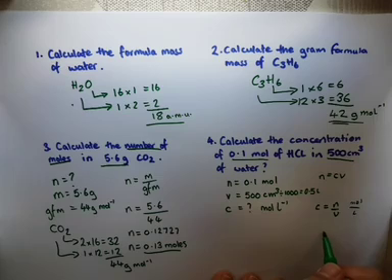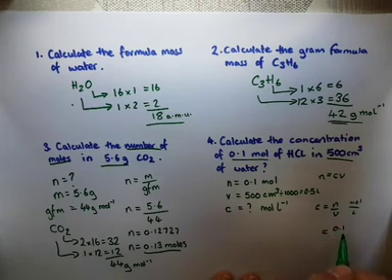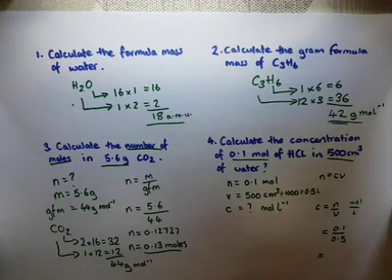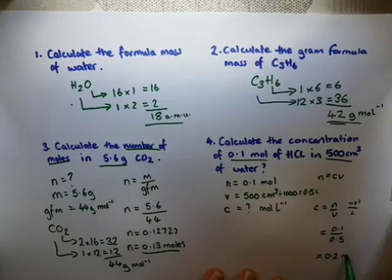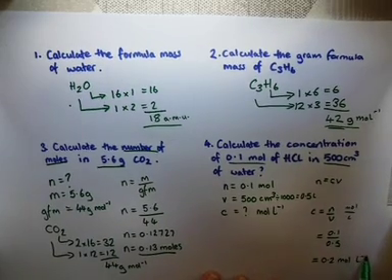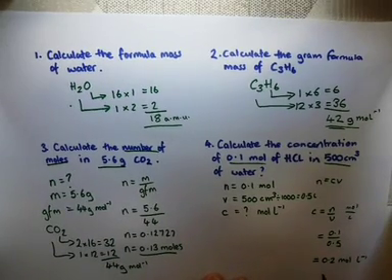Concentration is number of moles over volume, which is 0.1 divided by 0.5, which is 0.2 moles per litre. And because that's come out as a nice whole number, only 1 decimal place, I don't need to round that any further.